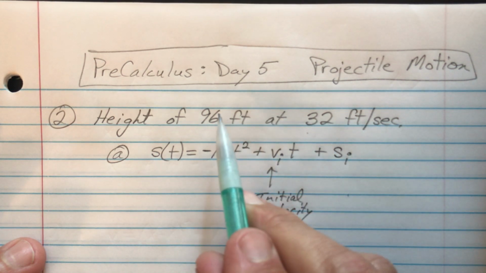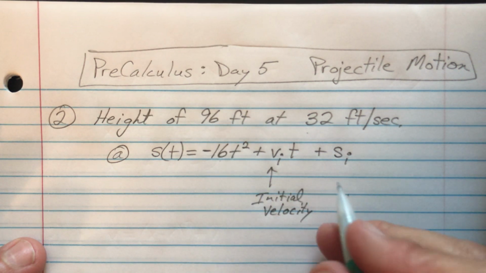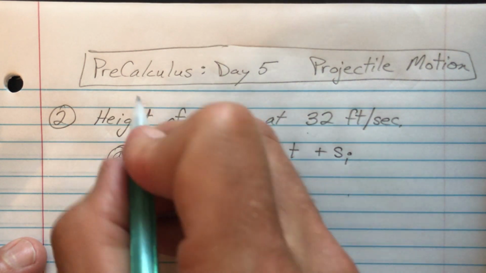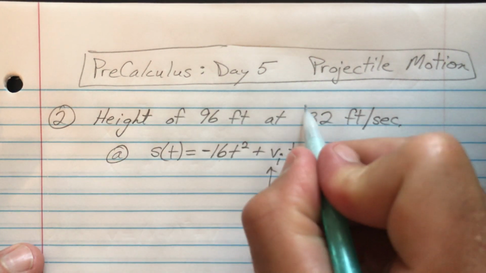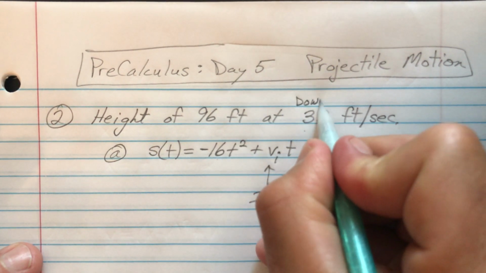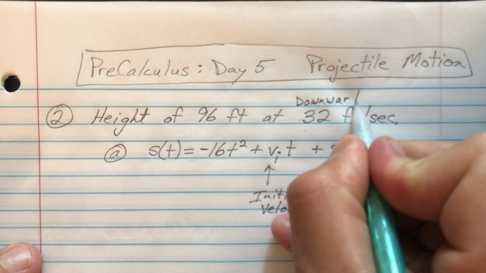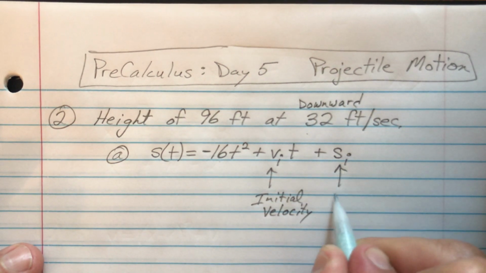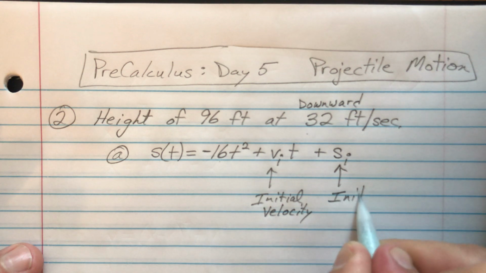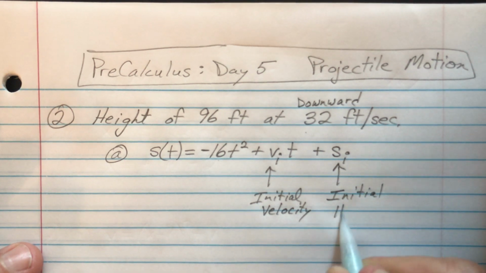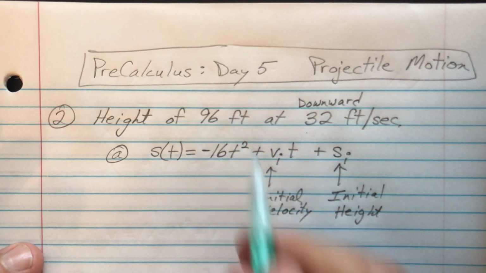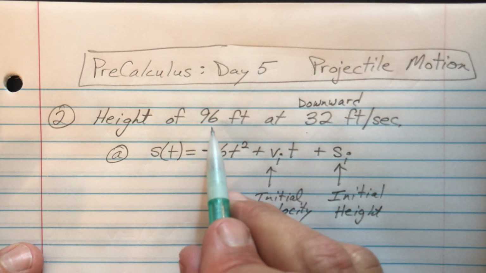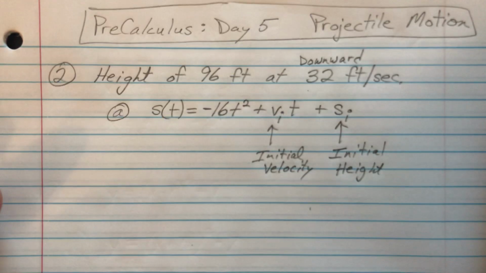This is being launched actually downward. S sub I is the initial height, and that is 96. Now if it says it's being launched from the ground, S sub I is 0.